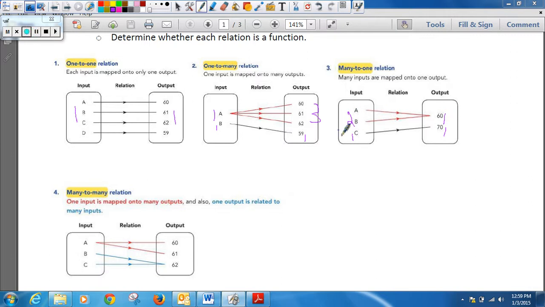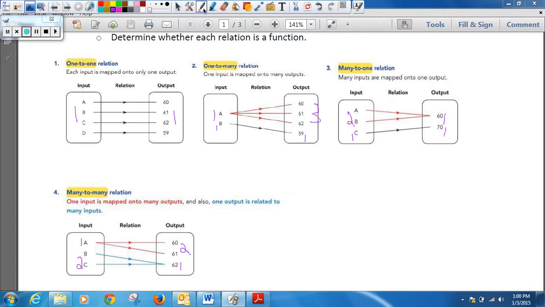So any other number in the input or the output value will result in the word many. If I look at number 4 here, A, this one, goes to 2 outputs. On the next one, B and C, these two both go to this single 1. I now have them all numbered. There's a 2 here, so that makes this many-to-many because of this 2 as well.